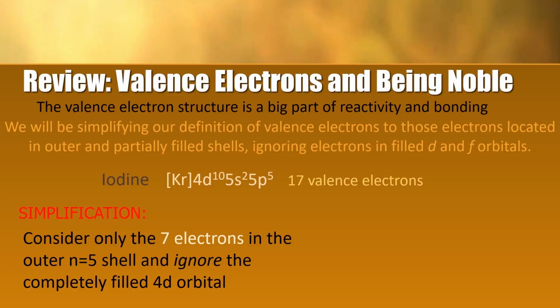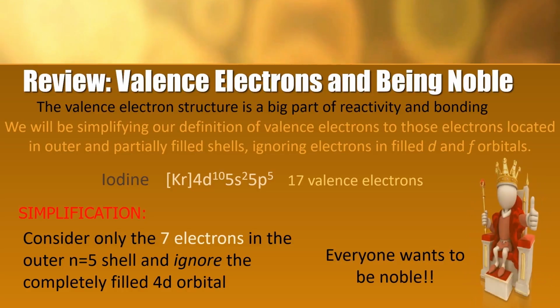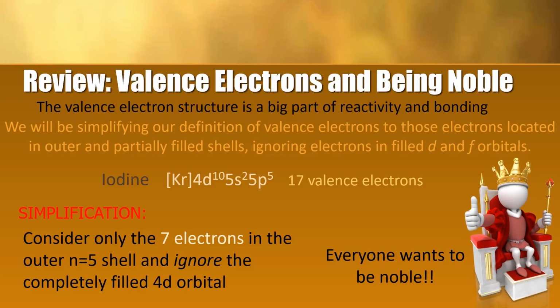We also know that there is a general desire for atoms to have electronic structures that best mimic the noble gases. Remember, everyone wants to be noble. This idea drives some atoms to have positive charges and others to lean toward negative charges.